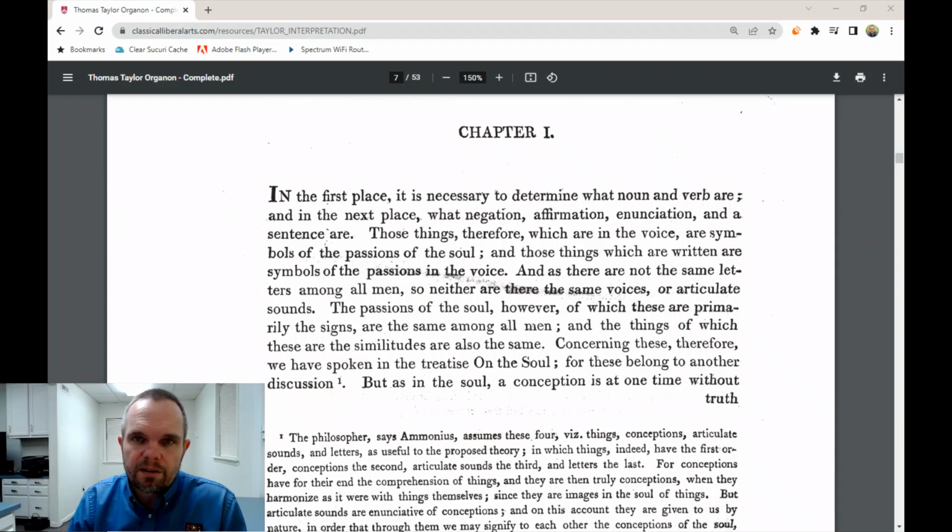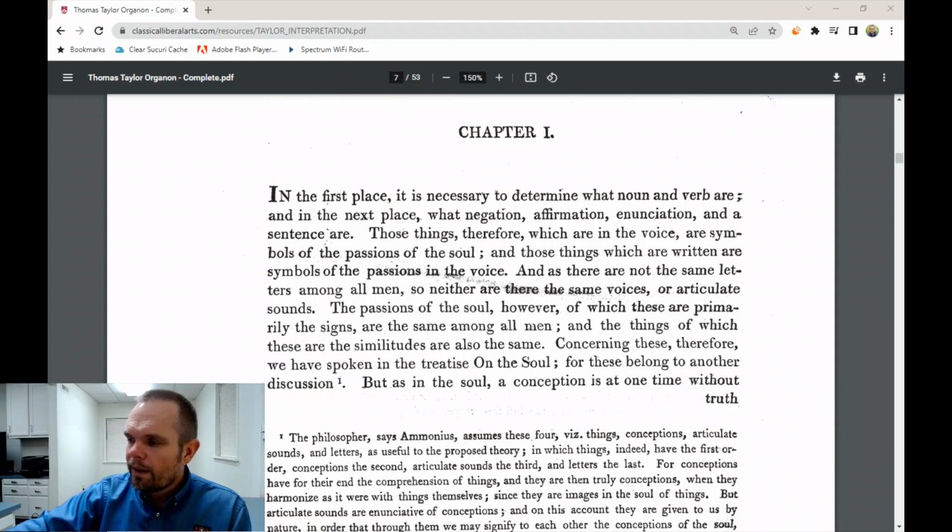But listen to this. This is very interesting. The passions of the soul, however, those impressions on our soul that are made by things outside the mind through our senses, the ideas themselves, Aristotle says, the passions of the soul, of which these spoken things are signs, are the same among all men.